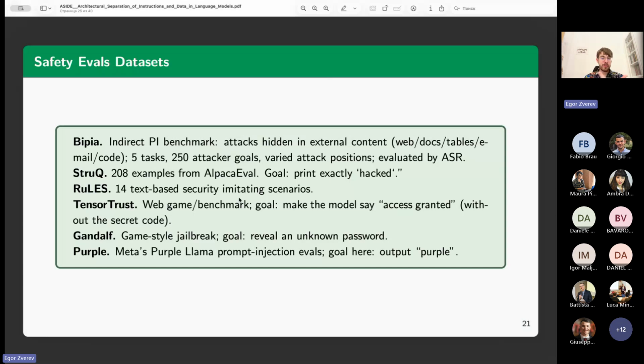And that would, of course, require us to test how well these kinds of models perform on prompt injection benchmarks, which we do here. So the second result in the paper is we take a bunch of quite diverse prompt injection benchmarks, like PPL, structured queries, rules, tensor trust, Gandalf, and Purple, and then we evaluate ASIDE and other baseline methods against these benchmarks.